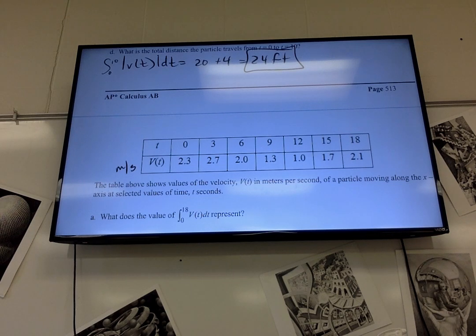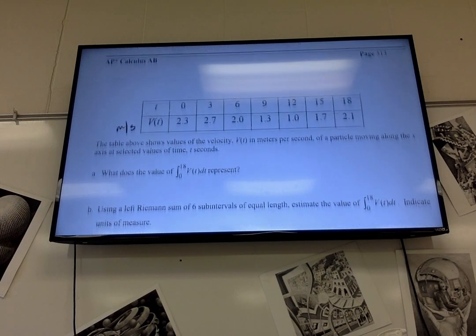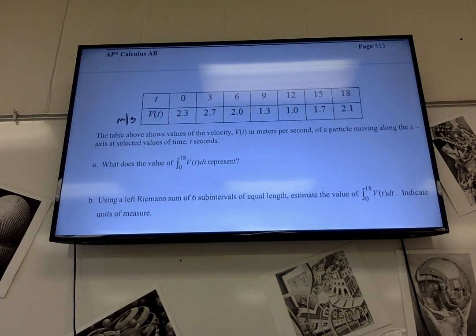What does the integral of the velocity over the interval 0 to 18 represent? How fast it's moving? That would be if we just did velocity. Velocity is how fast. This is position, right? It's how far a particle moves at what second.